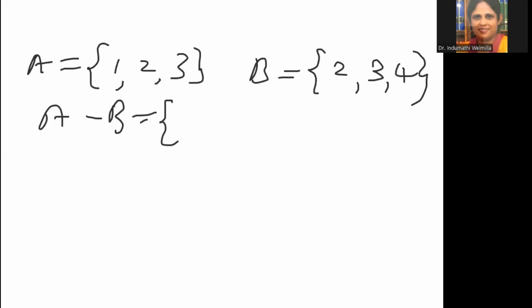When we subtract, we remove 2 and 3, and A minus B equal to only 1. Okay.